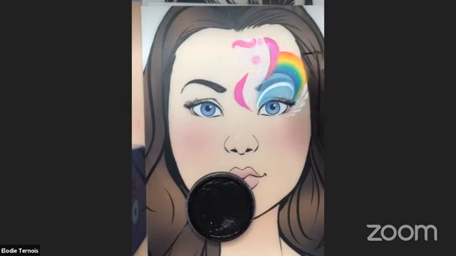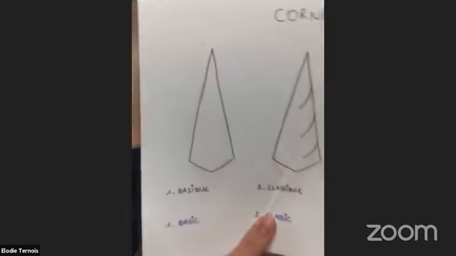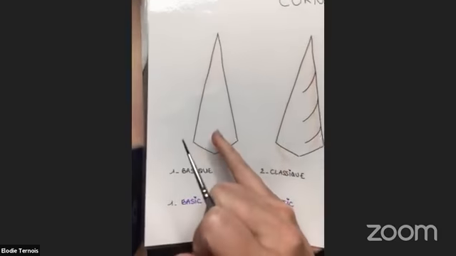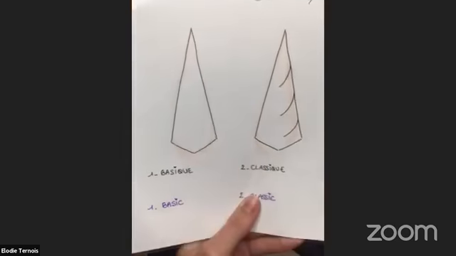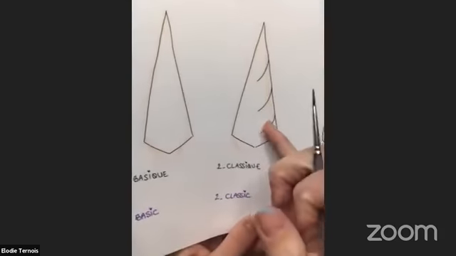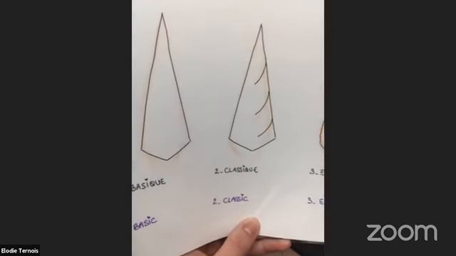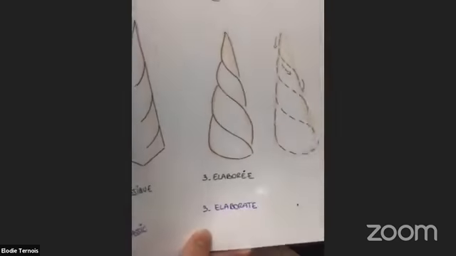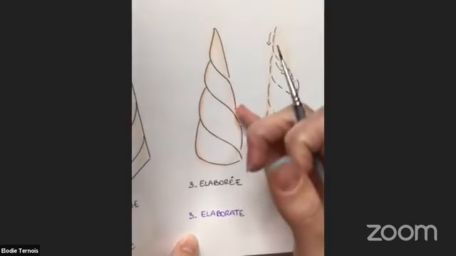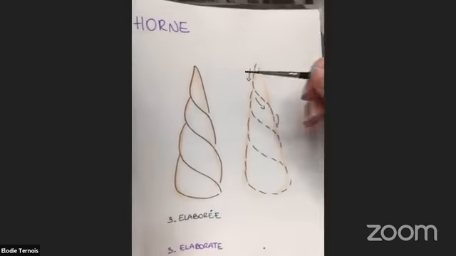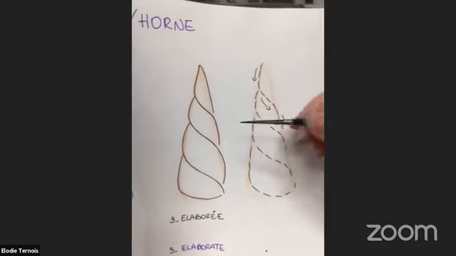Oh yes, I didn't show. So for the horn, we have a very basic horn, very simple horn. We have a classic one, just with some lines for illusion, if you want. And we have a more elaborate horn. So it's just like a twist, like a sigmoid line.